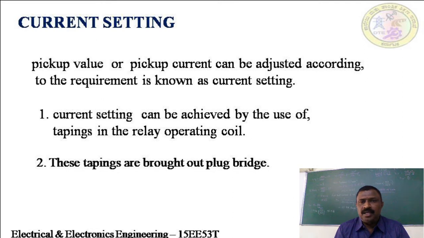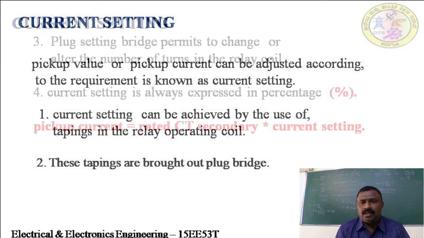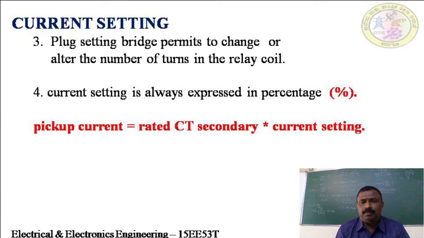Because of the current setting, you can alter the value of current according to the requirement or need. Current setting can be achieved by use of tappings in the relay operating coil. These tappings are brought out from the plug setting bridge. The plug setting bridge permits you to change or alter the number of turns in the relay coil. Current setting is always expressed as a percentage.